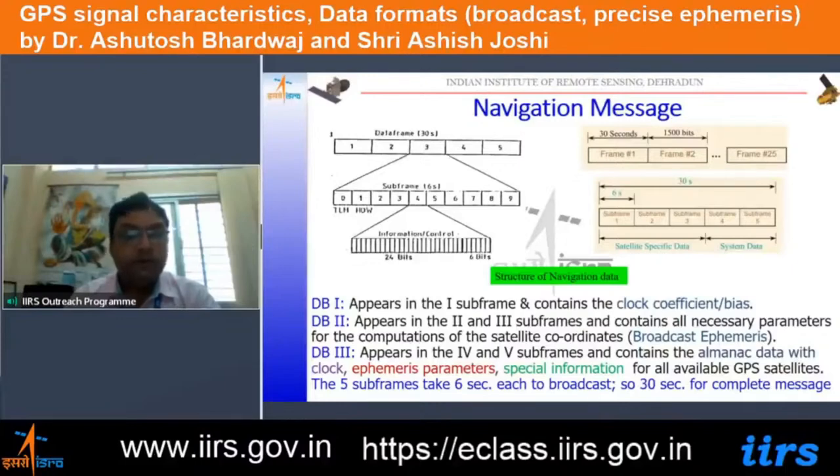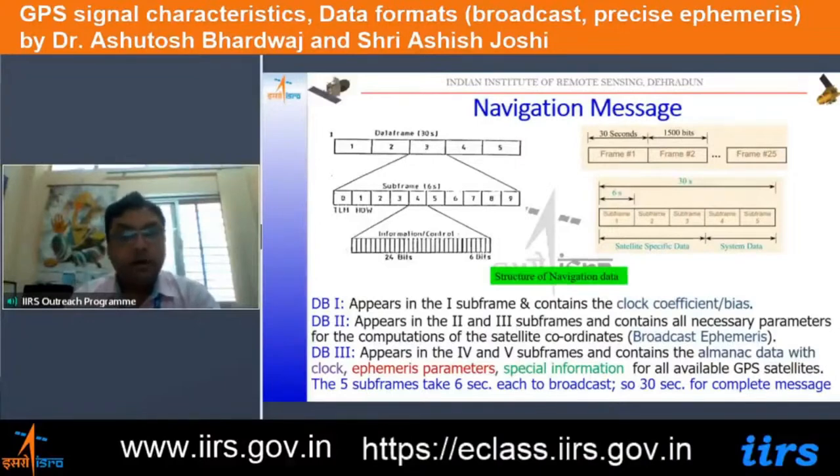Data block 1 provides the clock coefficients and the clock bias, whereas data block 2, which has subframes 2 and 3, broadcasts the ephemeris data, the coordinates of the satellites.